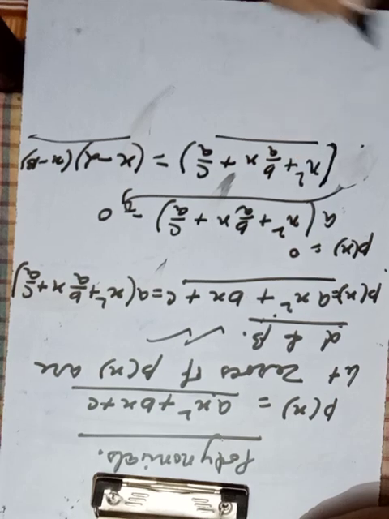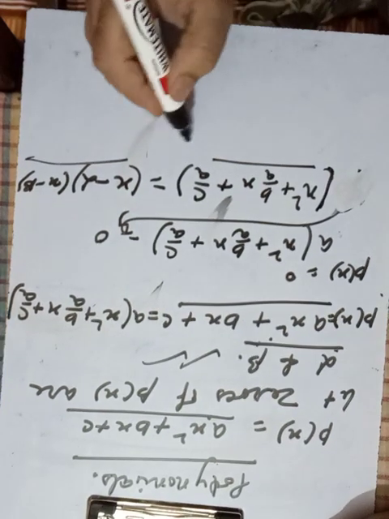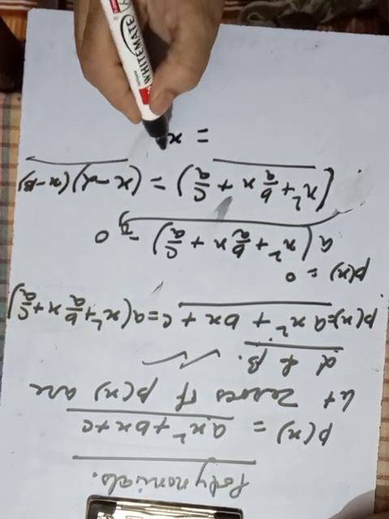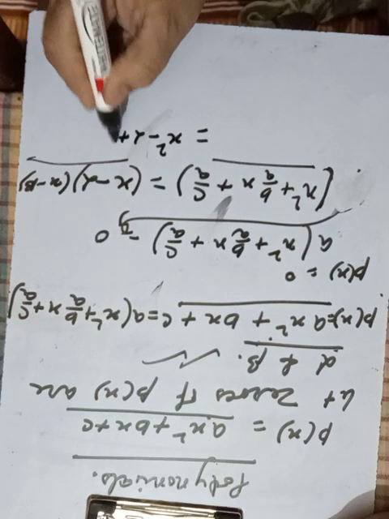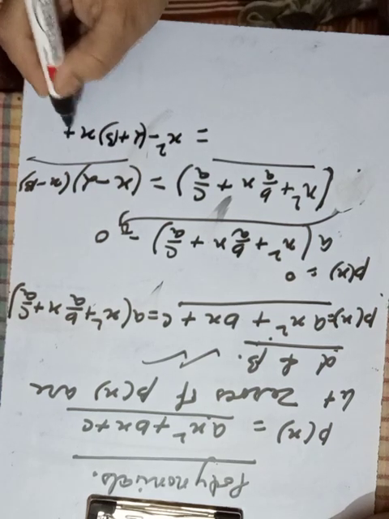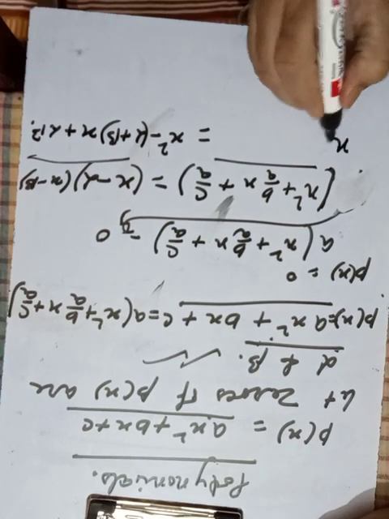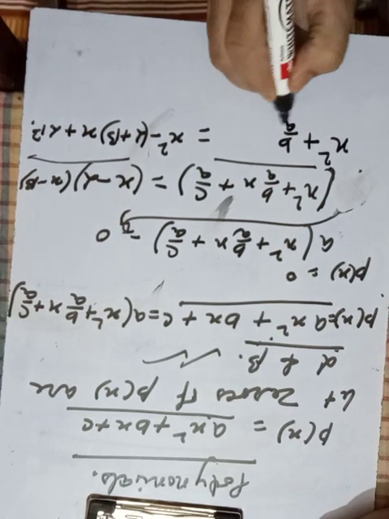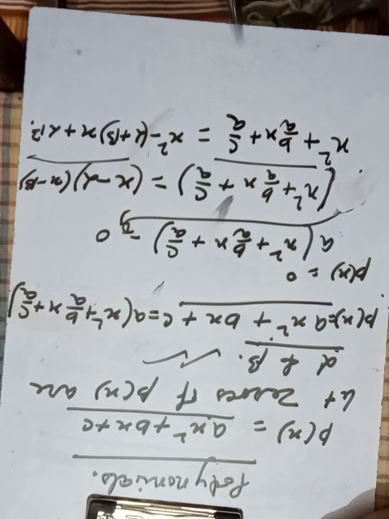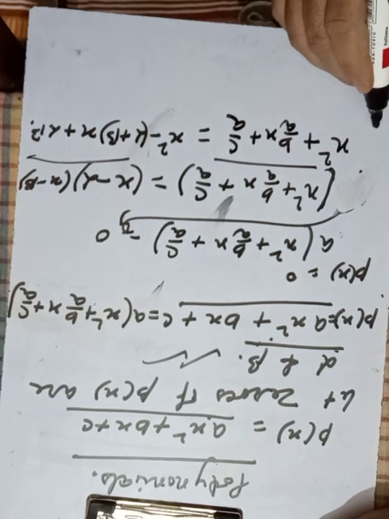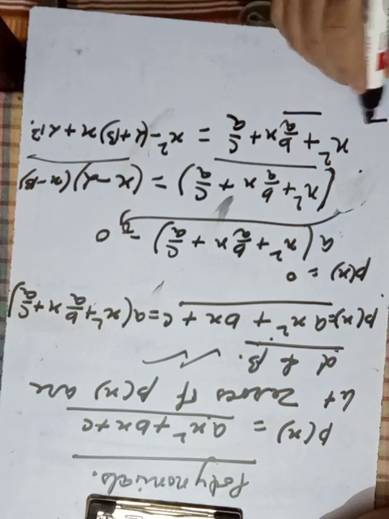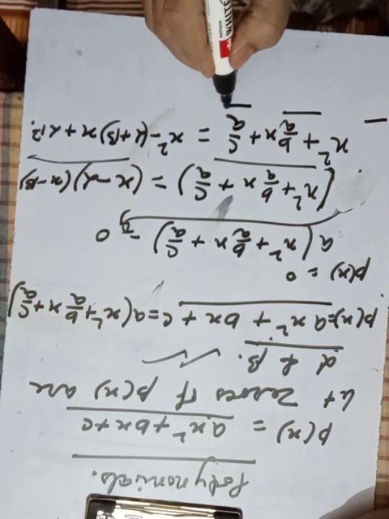Now if you find the product, it becomes x square minus (alpha plus beta) x plus alpha into beta, and this will be equal to x square plus b by a x plus c by a. Now we equate the coefficients of x square, x and the constant term.